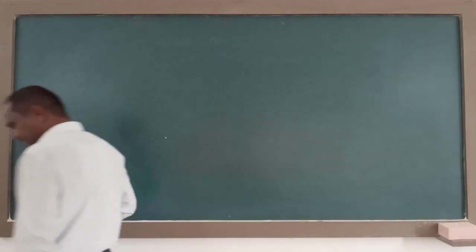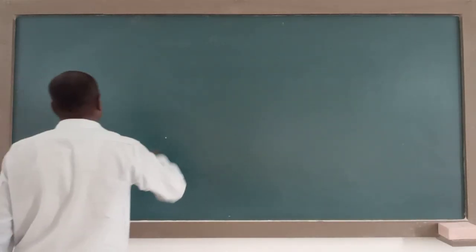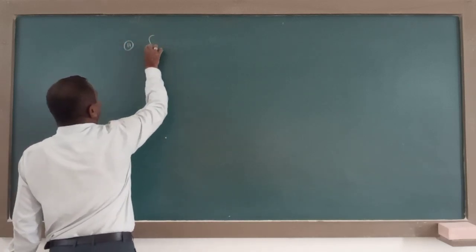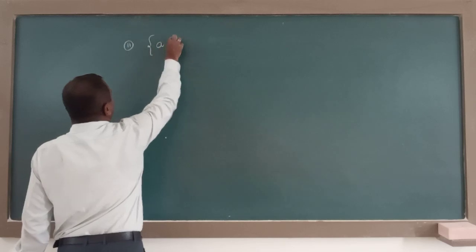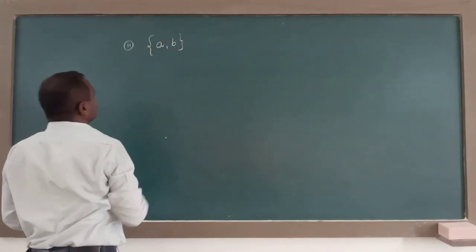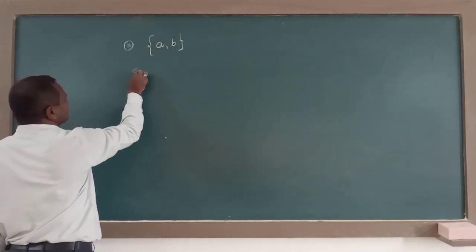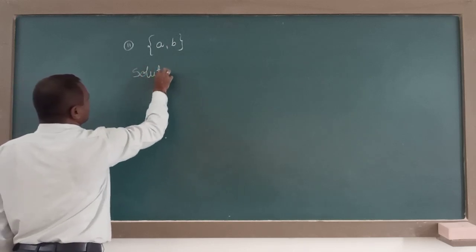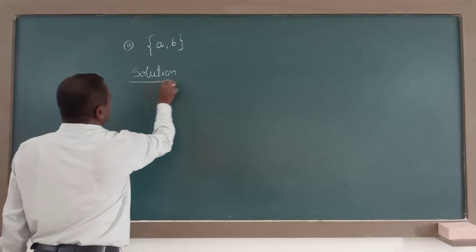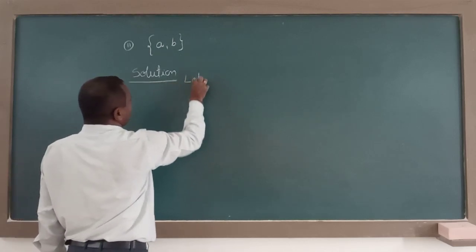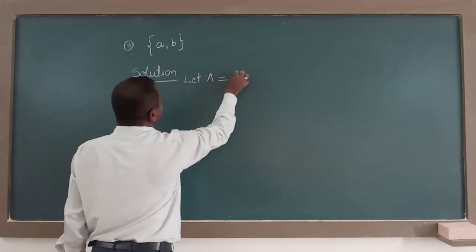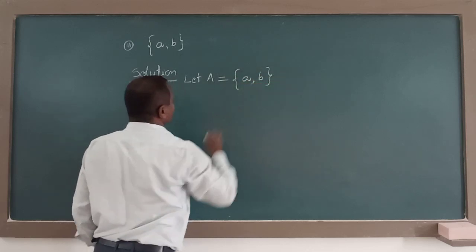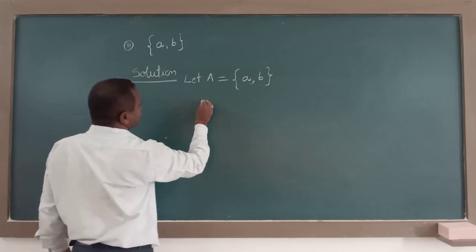Second question is A comma B, under main question number 4. Solution for this question is: let A be equal to set of the elements A comma B here.